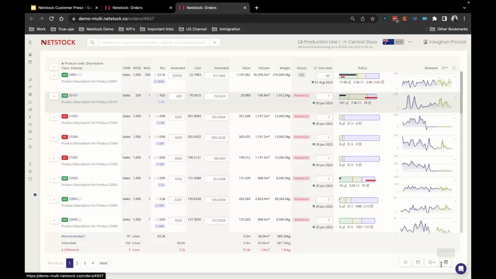Okay, so I hope that gives you a pretty good overview of the basic flow of how we would do this with the information coming out of the Sage ERP.